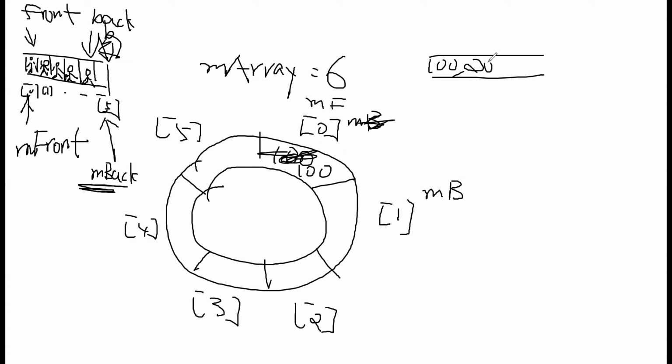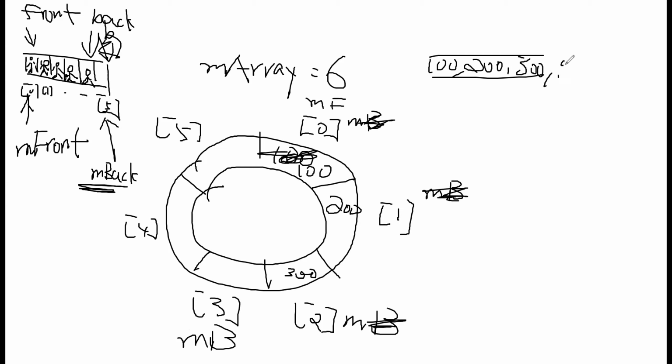And then I add 200, and the back index is changed to the next empty one after the last one you added. Then I add 300, and the back index also changes to the next empty one, okay?